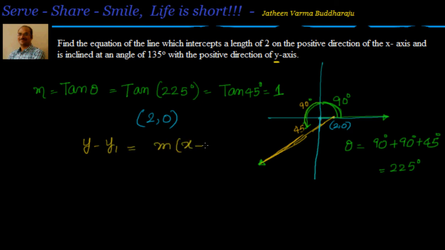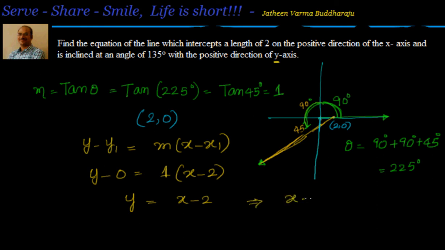Y minus y1 equal to m into (x minus x1), y minus 0 equal to 1 into (x minus 2), which gives me y equal to x minus 2, or x minus y minus 2 equal to 0.